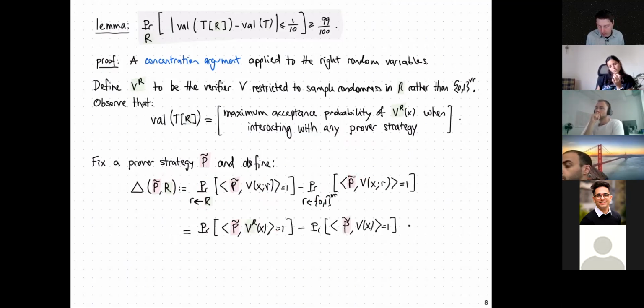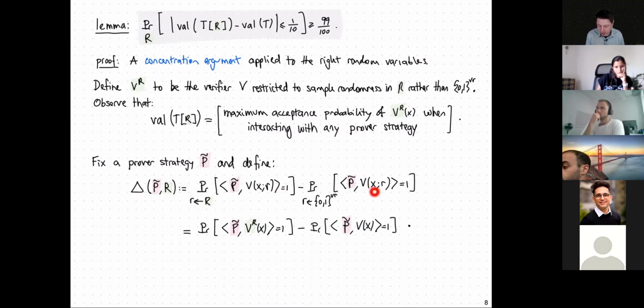Having fixed the set R and the malicious strategy P tilde, we just compare how P tilde fares against the residual verifier and the full verifier. That's just what delta is.